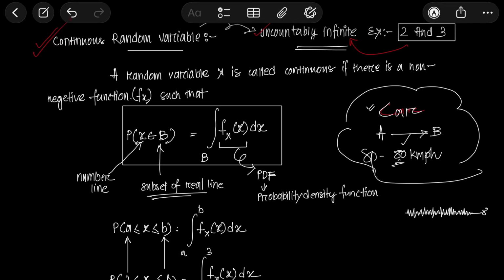Suppose this line says 80 and we are going to 79.5 or 78.999, and it can go up to, suppose, 79.99999. Very minor difference from 80.